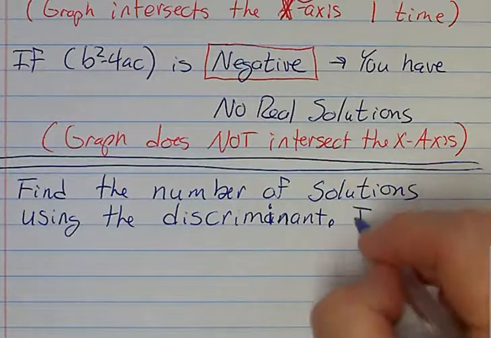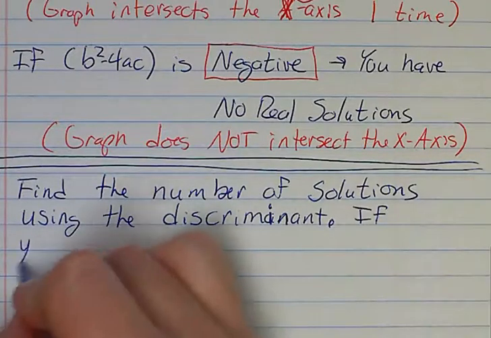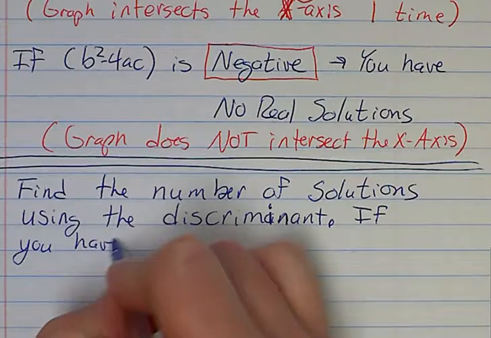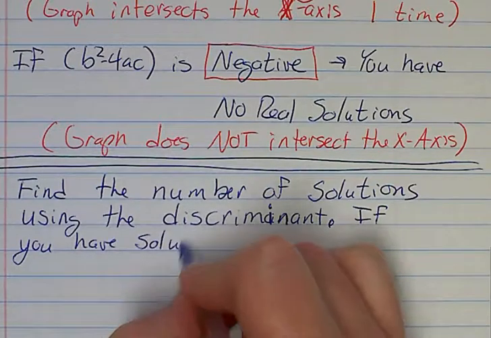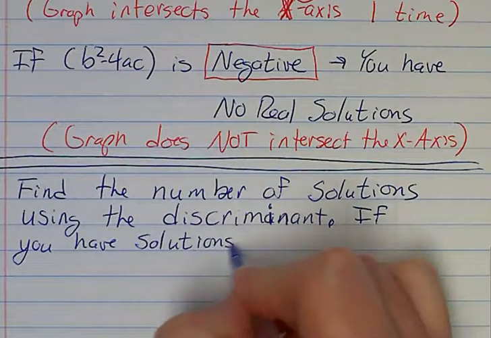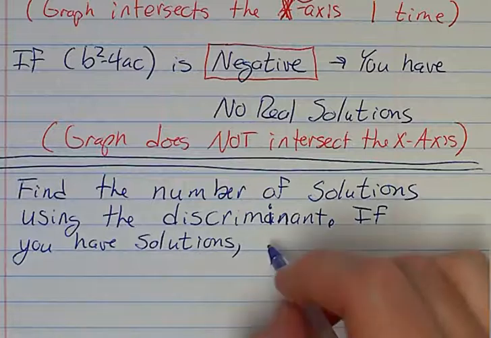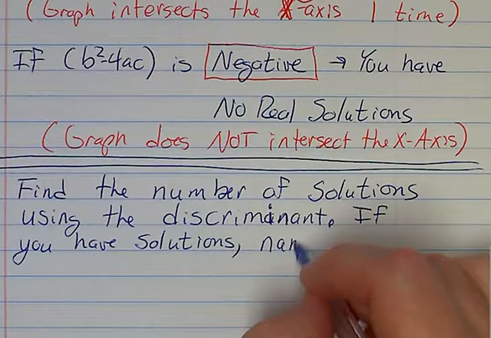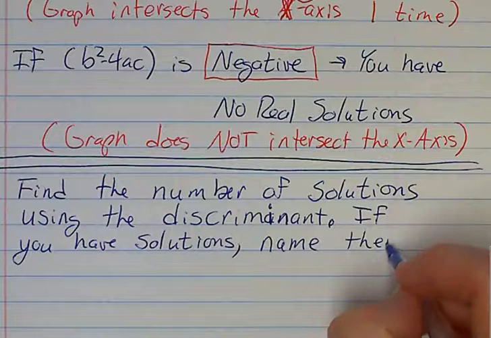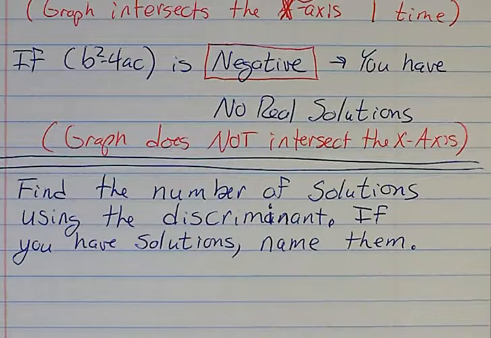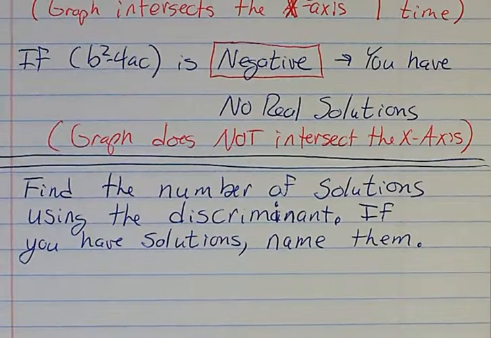And then it's going to say something like this. If you have solutions, name them. Because, again, if you do the discriminant and that number is negative, you don't have any solutions, so there's nothing to actually find for that part.